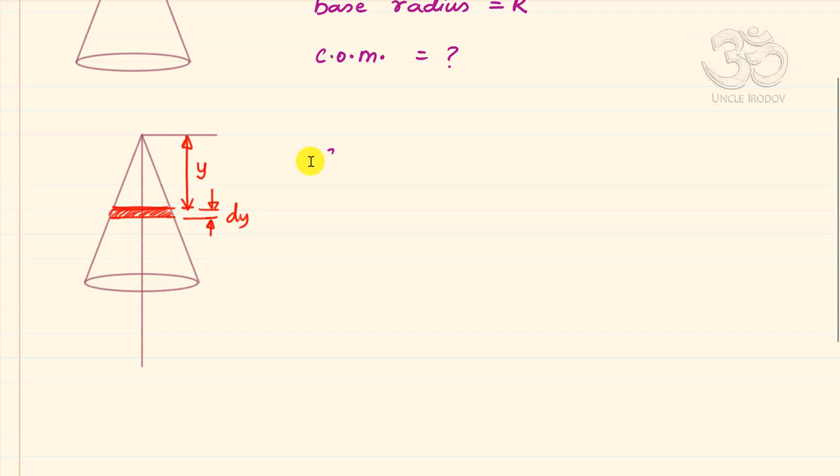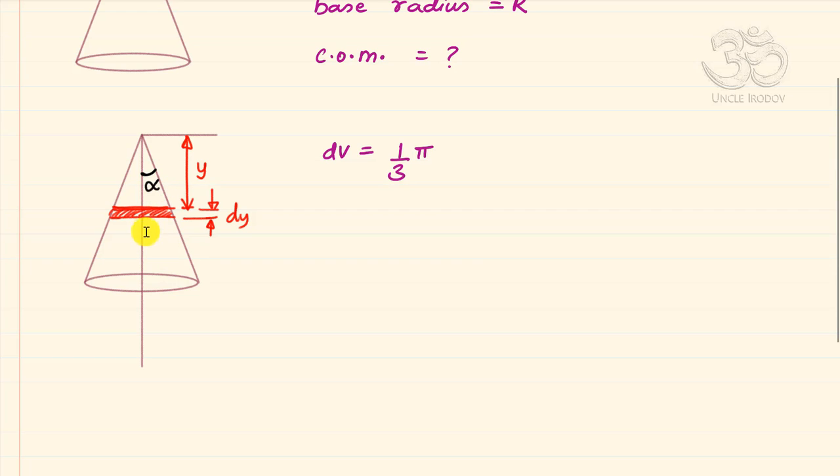The volume of this disk, you can think of this figure as two different cones, one slightly bigger and one slightly smaller. You find the volume of the slightly bigger one and subtract the volume of the slightly smaller one. So you will get 1 by 3 pi, and I need the larger radius. I can make use of the semi-vertical angle again. Let us say the semi-vertical angle here is alpha.